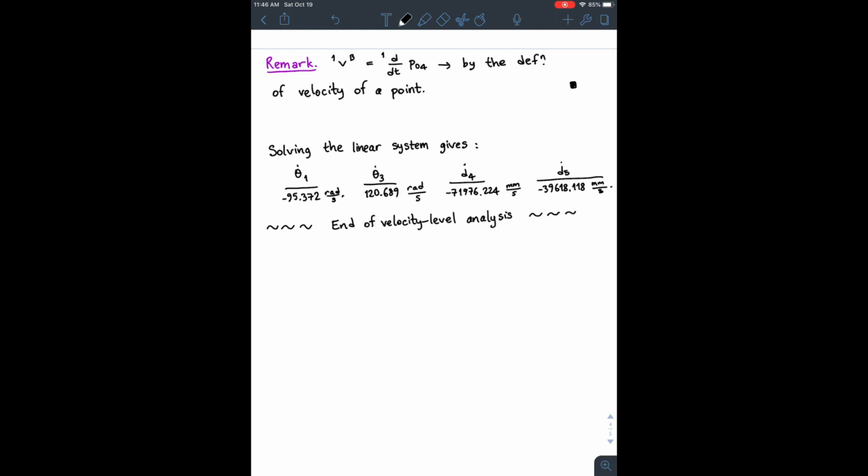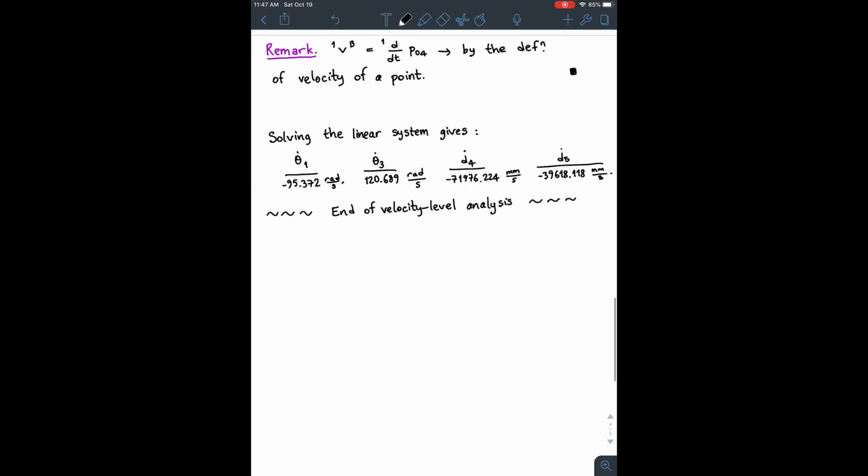D4 dot is a large number, but this is because it's in millimeters per second. If you convert it to meters per second, it's clearly going to be 72, which is reasonable. D5 dot came out to be negative 39,600 something in millimeters per second. That is the end of the velocity level analysis.